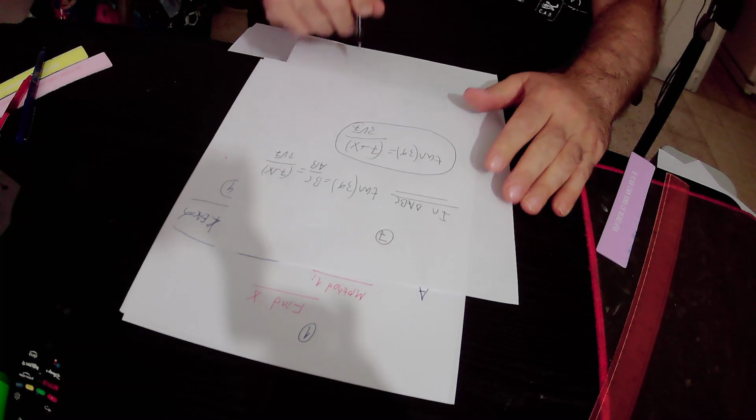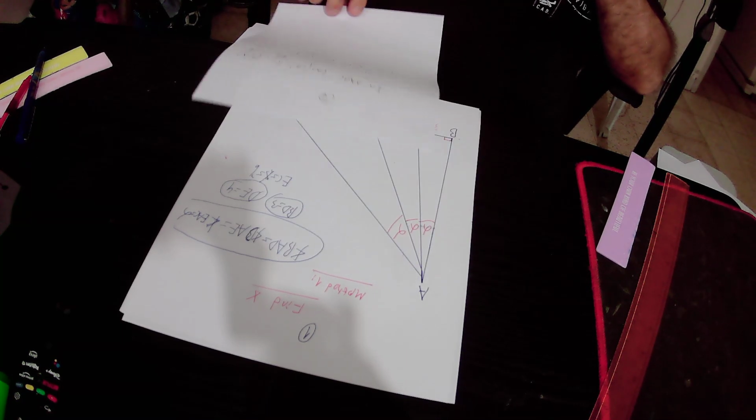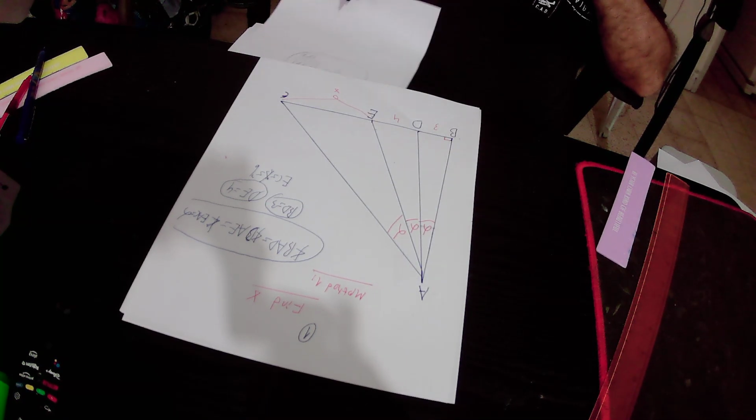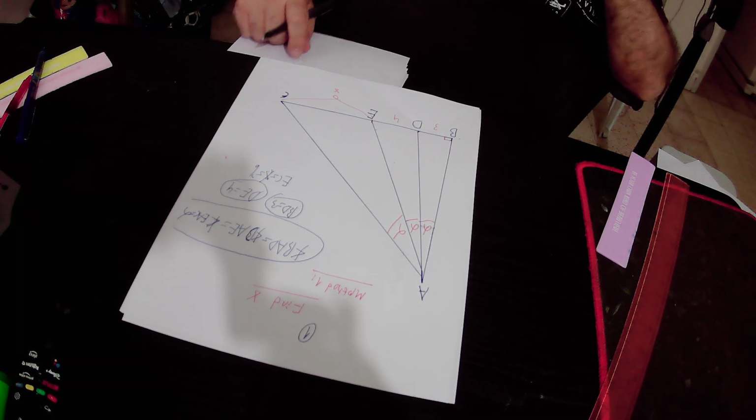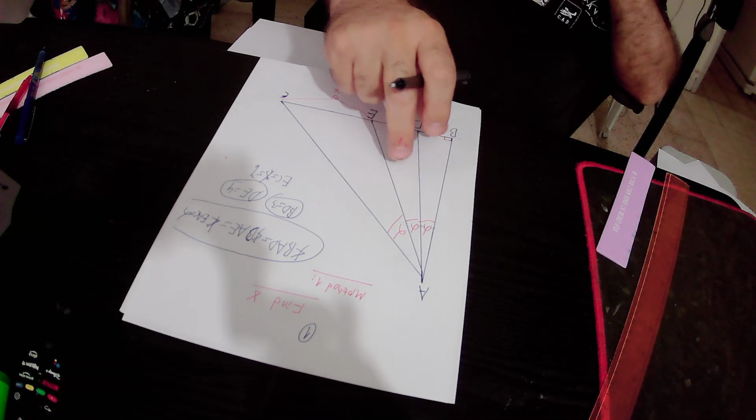Okay. And we will focus on the right triangle, triangle ABE.